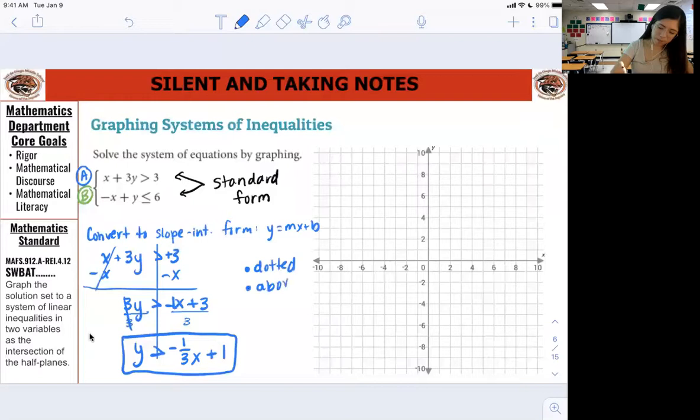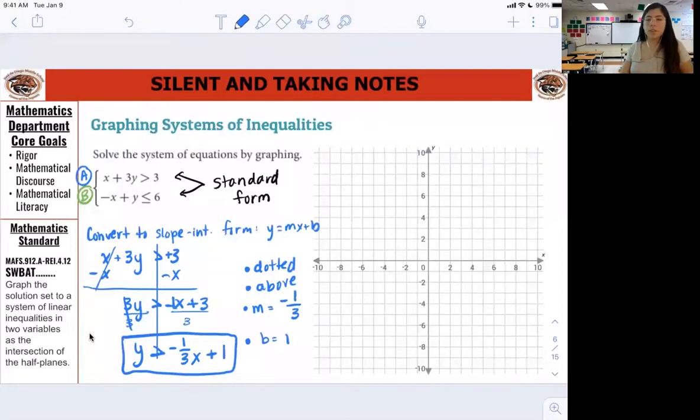Good. The slope intercept is negative 1/3, and be very careful, it's negative. That negative is going to be very important. The slope is negative 1 over 3. And the y-intercept is 1. Okay. That's all the information I need to know.